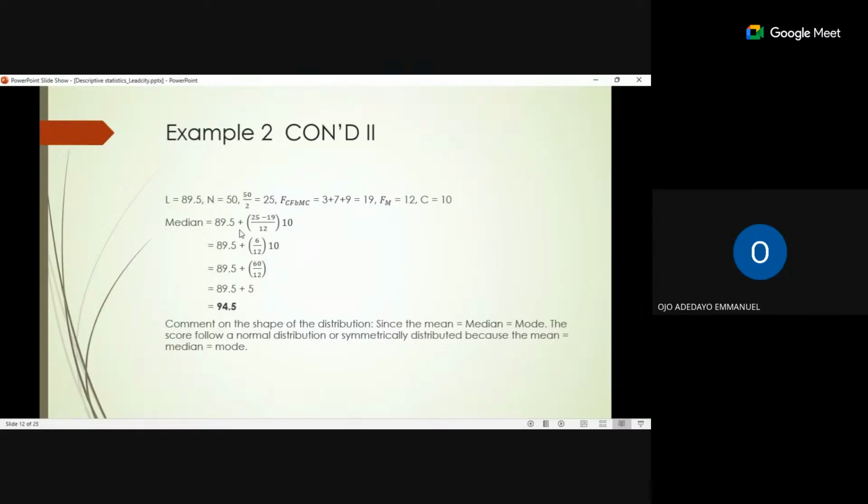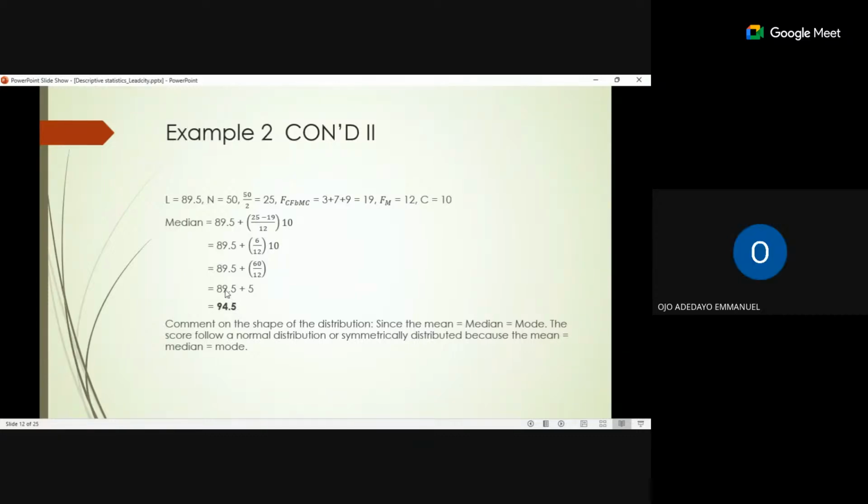So when you put that in your formula, we are going to have 89.5 plus, you open the bracket, N over 2 is now 25, minus the cumulative frequency before the median class, which is 19, divided by the frequency of the median class, then multiply by 10. When you do 25 minus 19, we are going to have 6 divided by 12, multiply by 10. 10 times 6 is 60, divided by 12. 60 divided by 12, we are going to have 5. Then 5 plus 89.5, we are going to have 94.5.